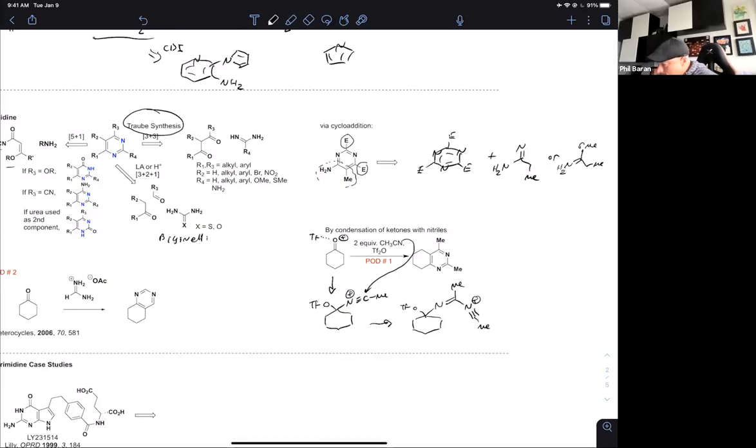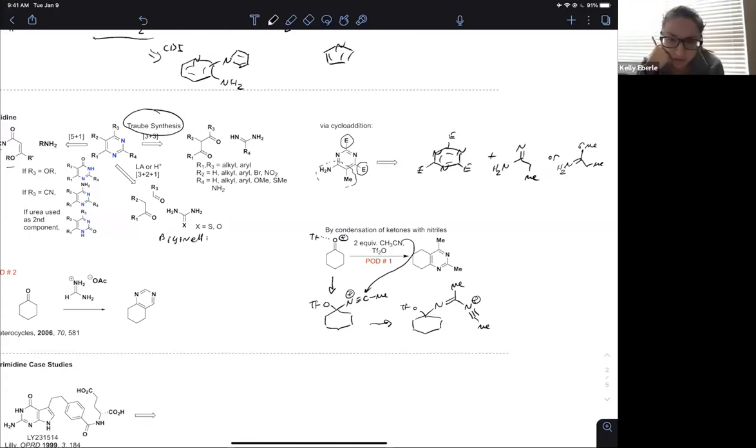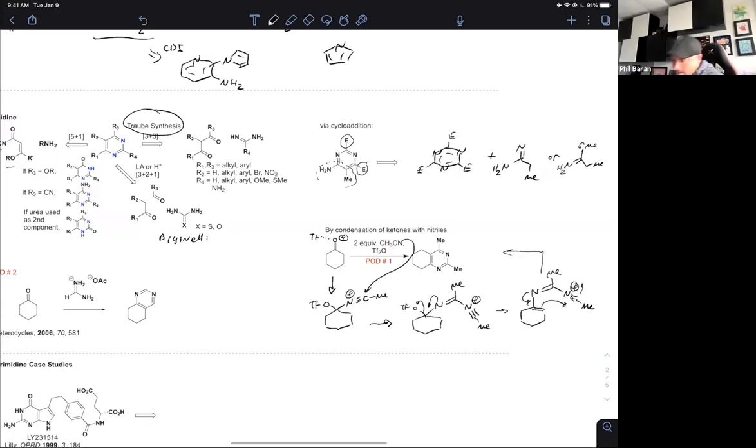Okay, now what do I do? And then if you get elimination of your triflic acid, that gives you your enamine, and that can attack and cyclize. Brilliant. Thanks, Kelly.